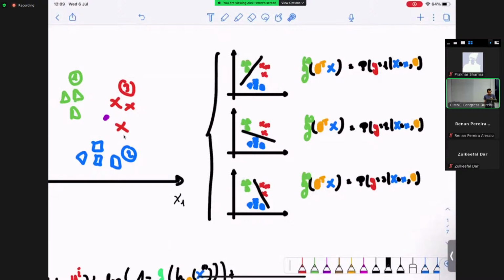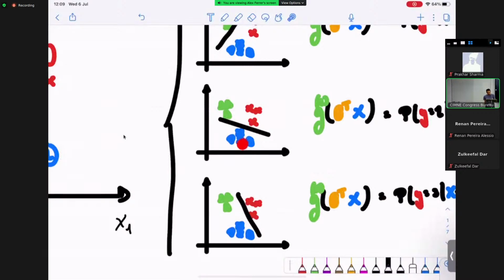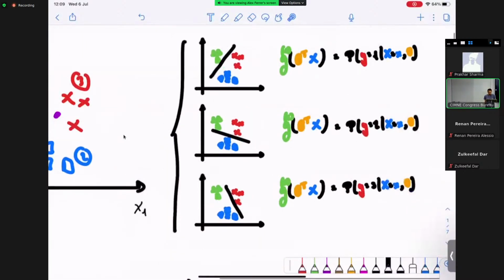Is this blue data, or is it a car? So the same. Here will be 0, and here it will be 1, and the same for the third family.